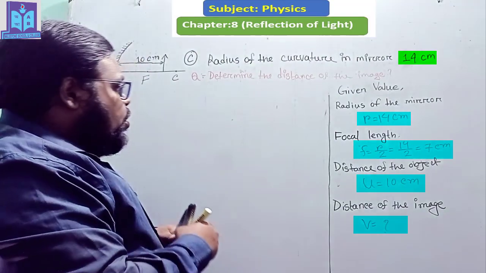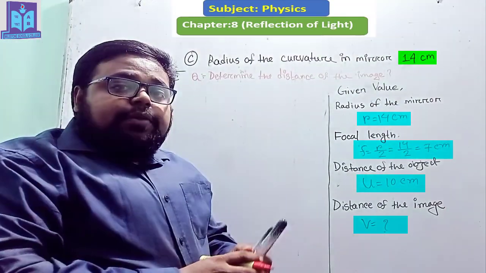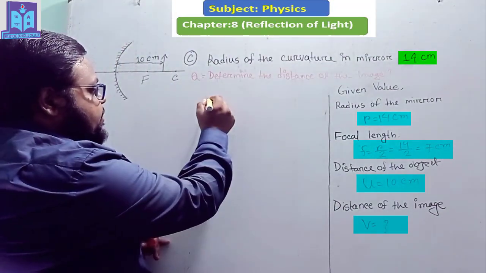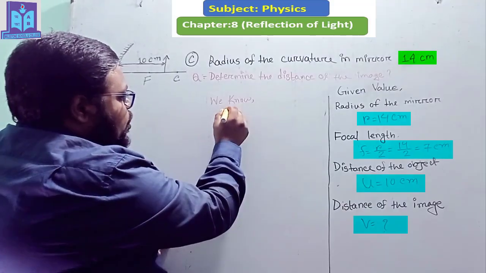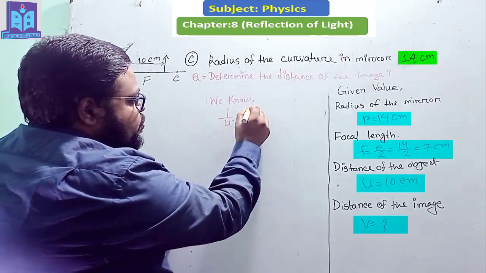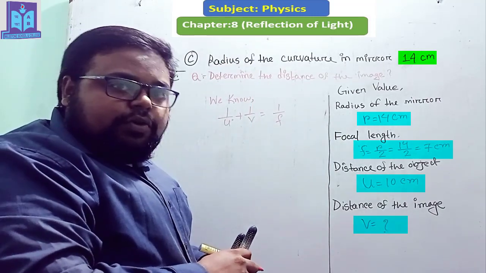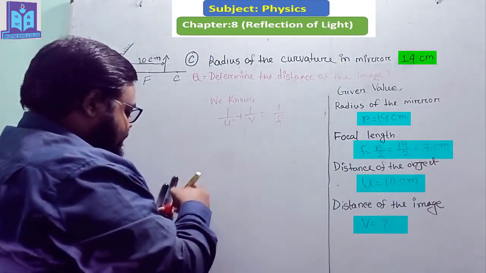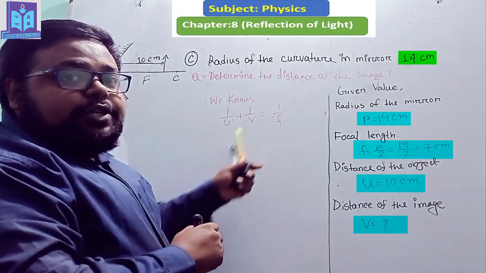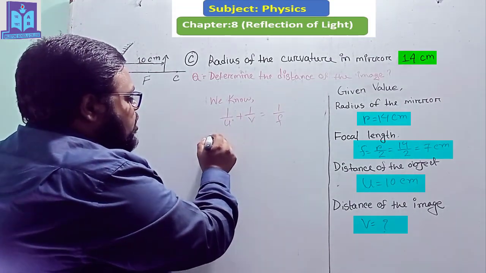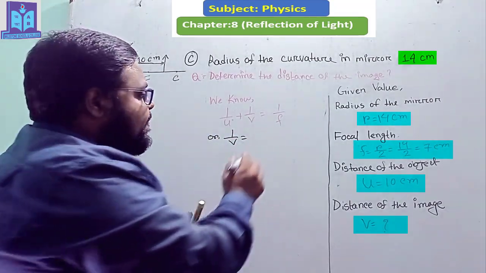So my dear student, to find the distance of the image, we know the formula 1 by u plus 1 by v equals 1 by f. Here I want to move this from the left side to the right side, because I want to find v.